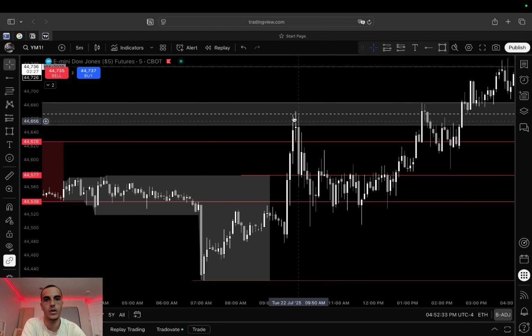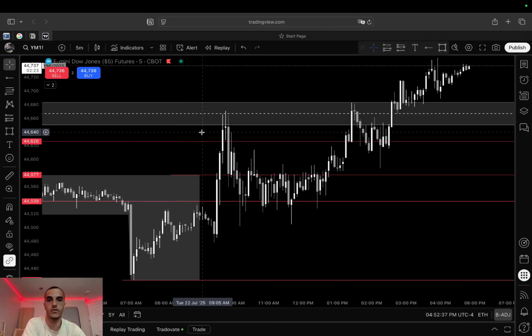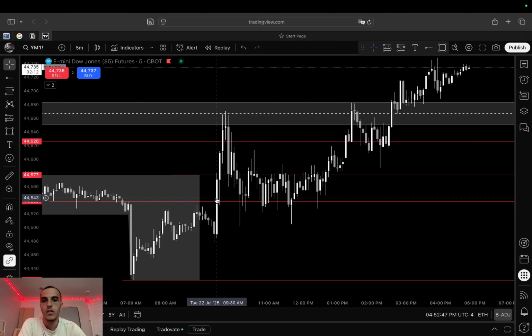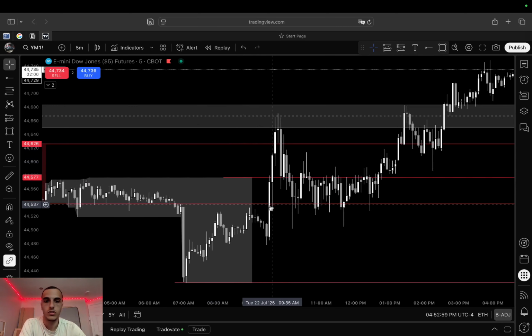Then boom, all the way up to the fair value gaps that are unfilled. So simple as that. You go on the 15-minute, you look for any fair value gap just to know what direction price is more likely to go. Break and retest, fair value gaps filled, rejection, and then retest, we're in, right? As simple as that.